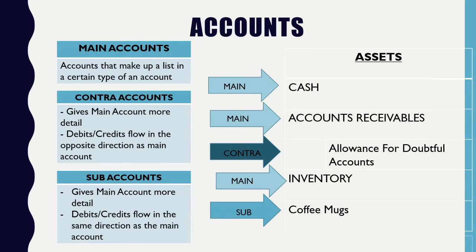Okay. In financial accounting, you cannot claim bad debt, per se. What you're going to use is a contra account called allowance for doubtful accounts, which automatically decreases the value of your receivables.